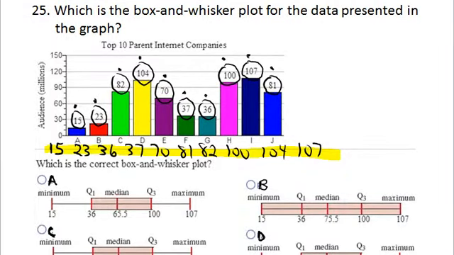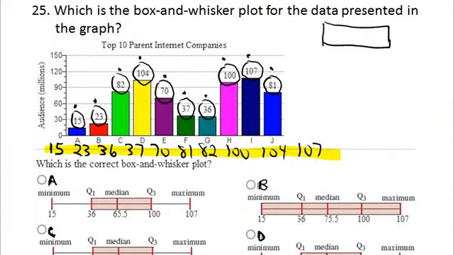Now for a box and whisker plot, we need to make sure we understand what we're doing. We need a 5-number summary, because the box and whisker plot is simply the 5-number summary written in a visual format. And we also need to remember what a box and whisker plot looks like in general.